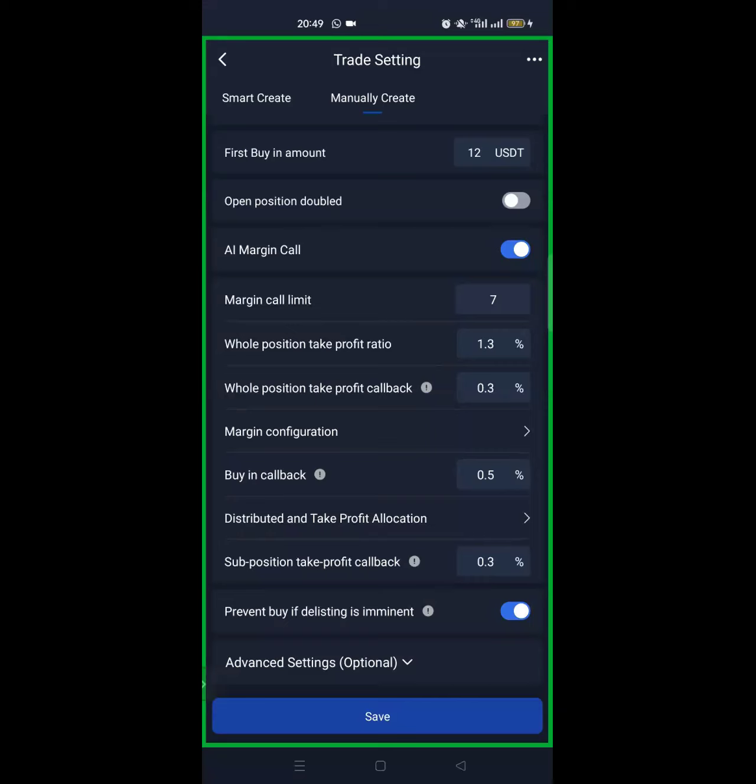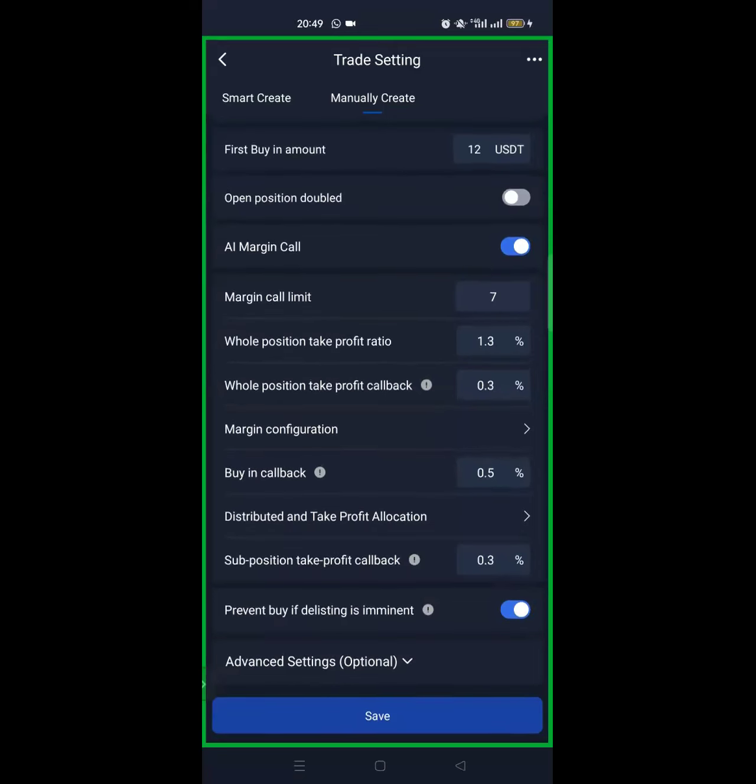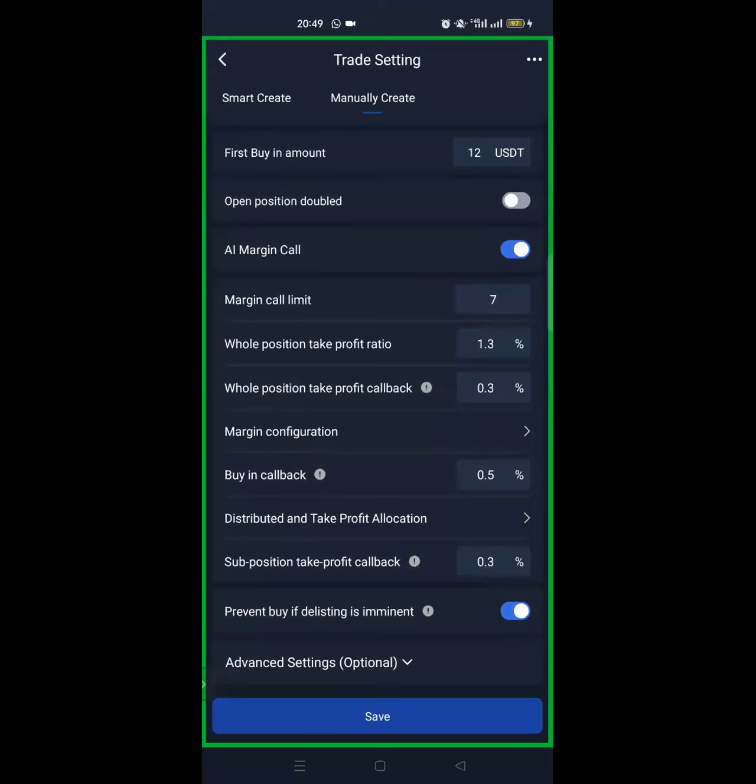Now we'll go to the next one, which is called open position doubled. This open position doubled enables you to double the first buy.